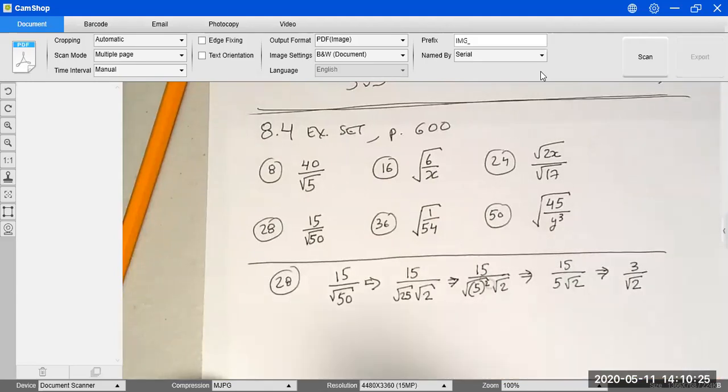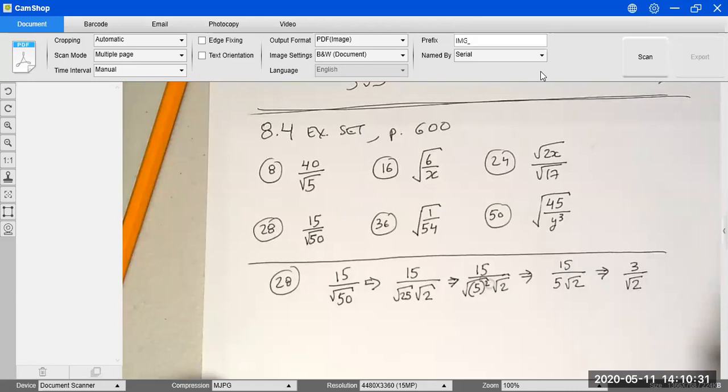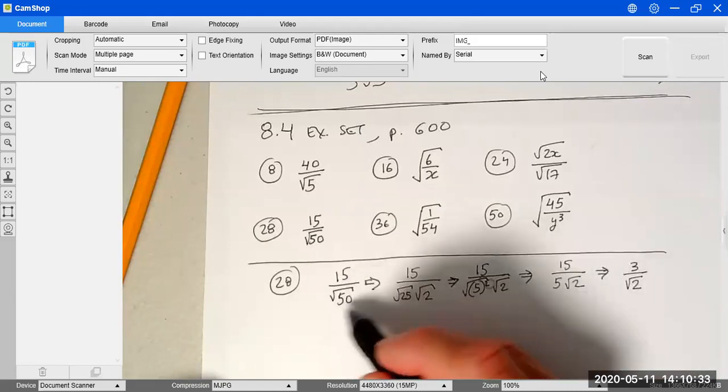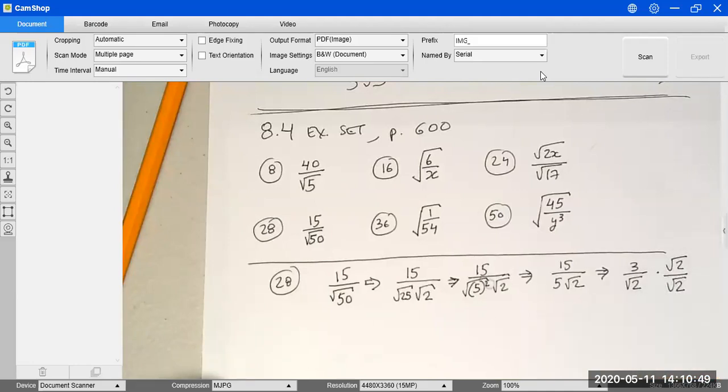So now we're going to rationalize, because if you give me this answer, you are not rationalizing, you are just simplifying the original expression. Some of you got up to this, but this is not the final answer. We still need to remove the radical in the denominator. To do that, we're going to multiply both the numerator and the denominator by that radical.